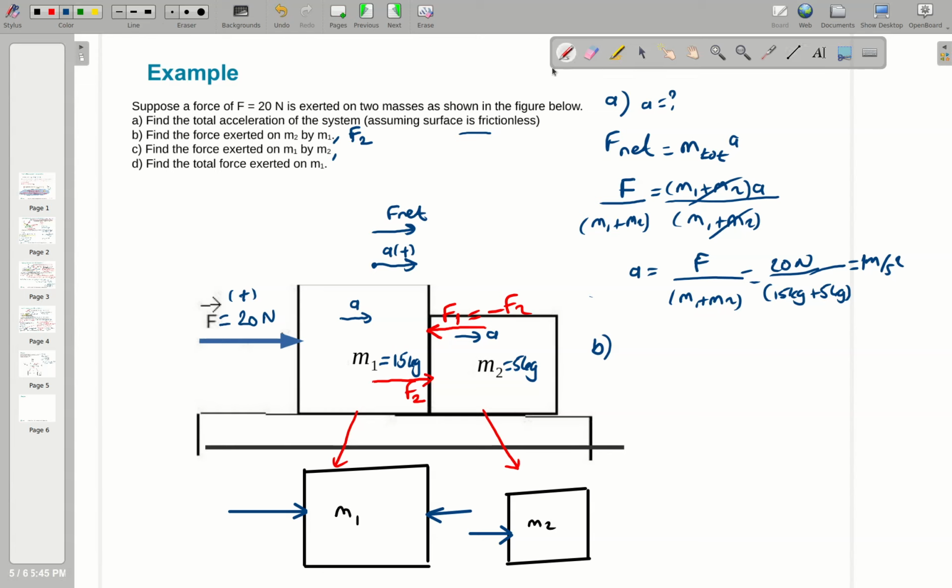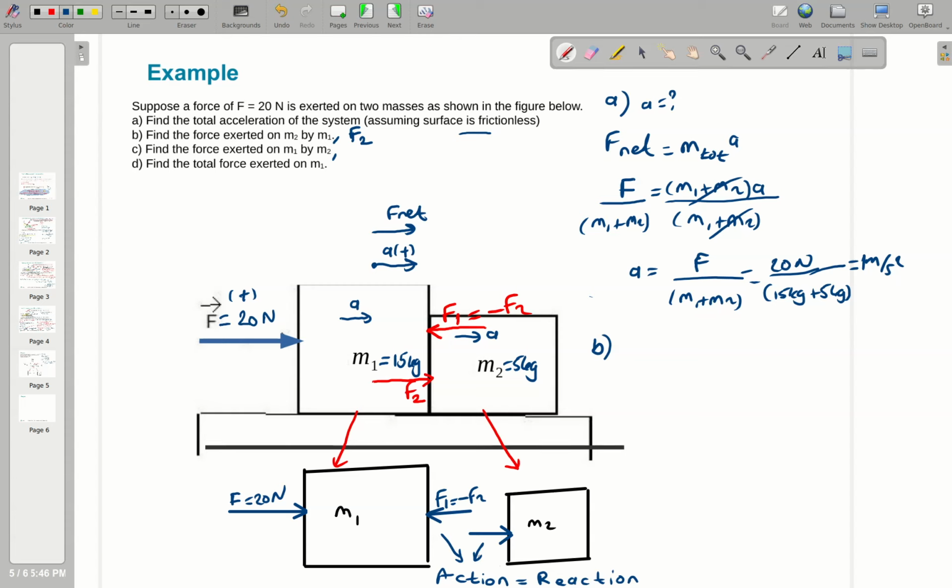Now I'm going to write down forces. This guy is F, I know that, 20 Newton. This guy is F1, I don't know it, but I know it's equal to minus F2 because these two are action-reaction pairs. Which law is that? Third law, right? When you act on something, it reacts with a force equal and opposite in direction.